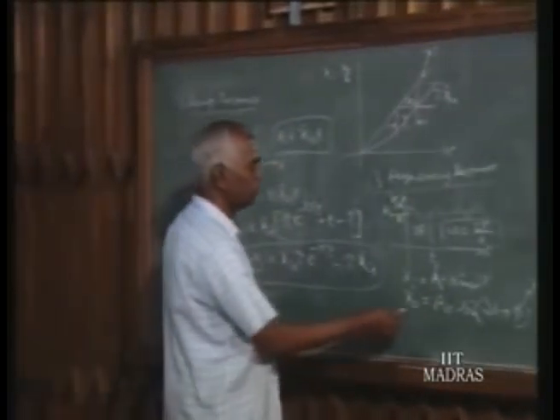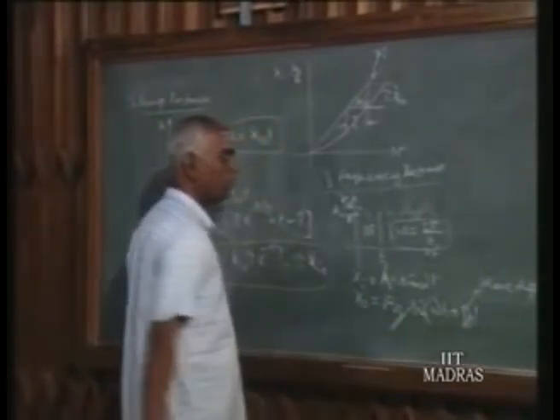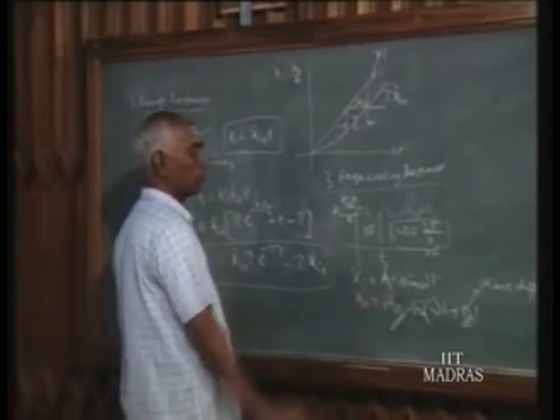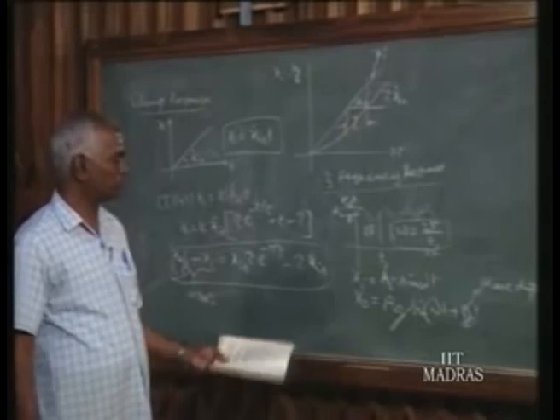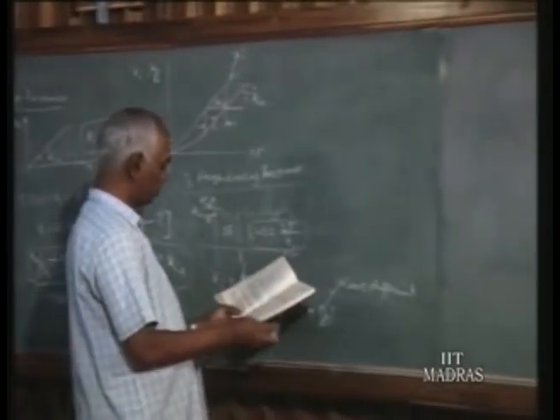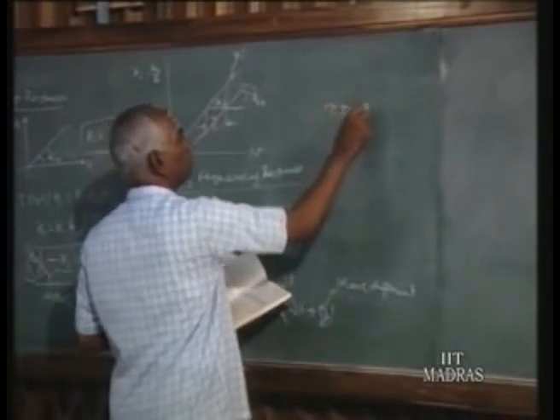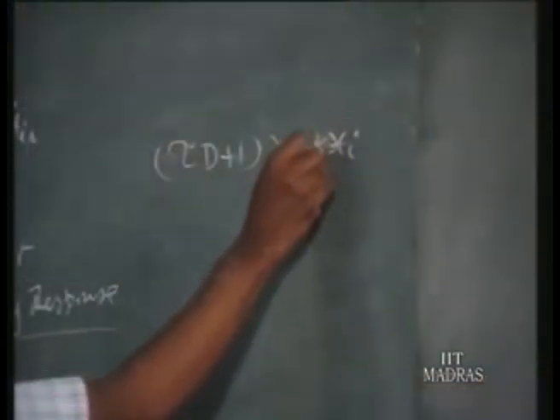Now in the output you have two parameters, AO and phi, which have to be found out. How to find this AO and phi? For that, we go back to our first order instrument equation, that is (tau D plus 1) xo equal to k times xi.